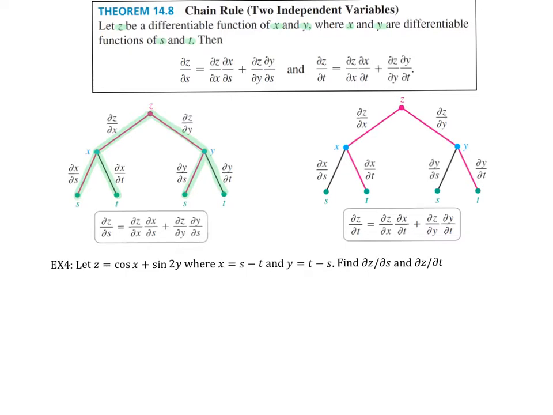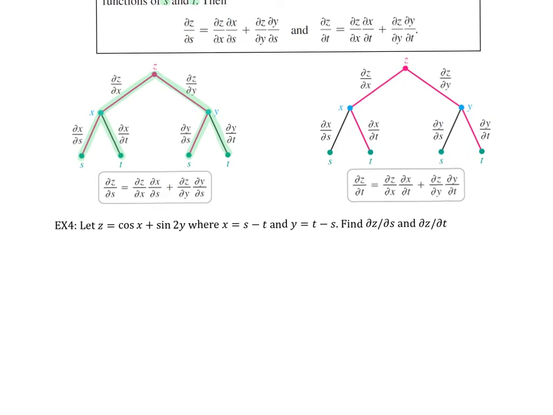So if I were to find the partial derivative of z, and notice it's a partial derivative, the reason why is because looking at this tree diagram, at the ends of the branches, the ends are not just the variable s, the ends are the variable s and the variable t. So to figure out the partial derivative of z with respect to s, we just follow the branches from z to s.